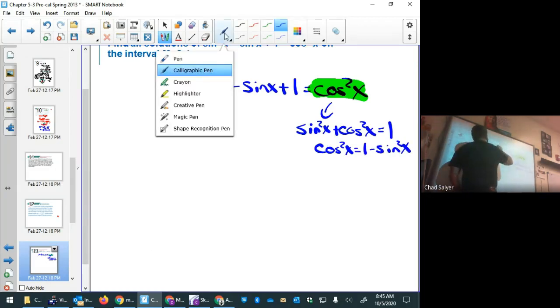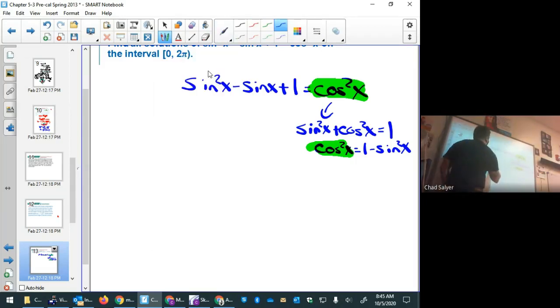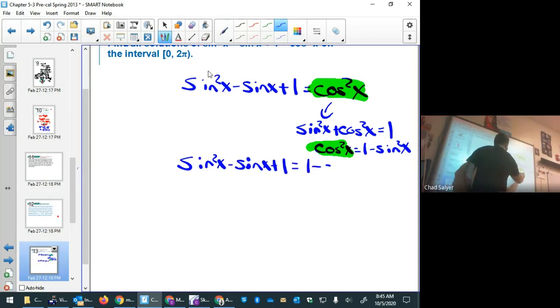So do you see how I can replace cosine squared x with 1 minus sine squared x? So I have sine squared x minus sine x plus 1 equals 1 minus sine squared x.